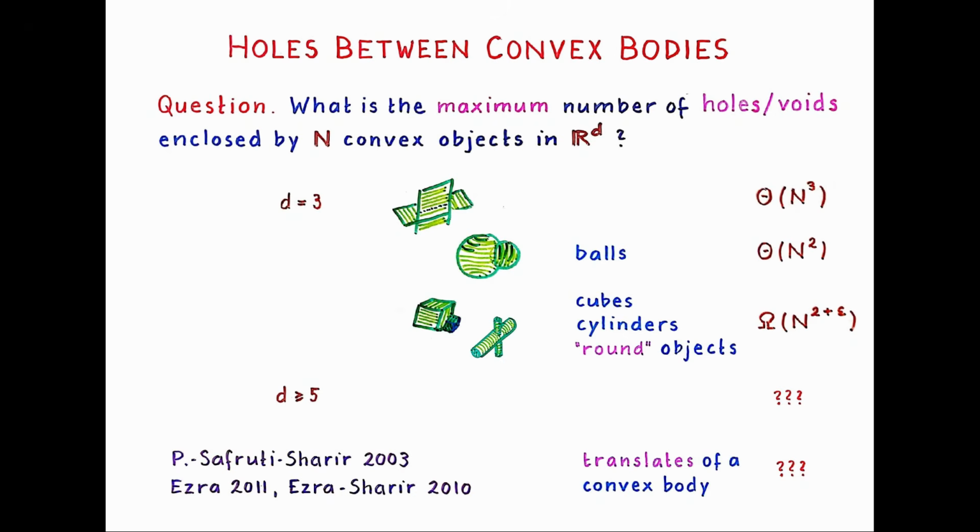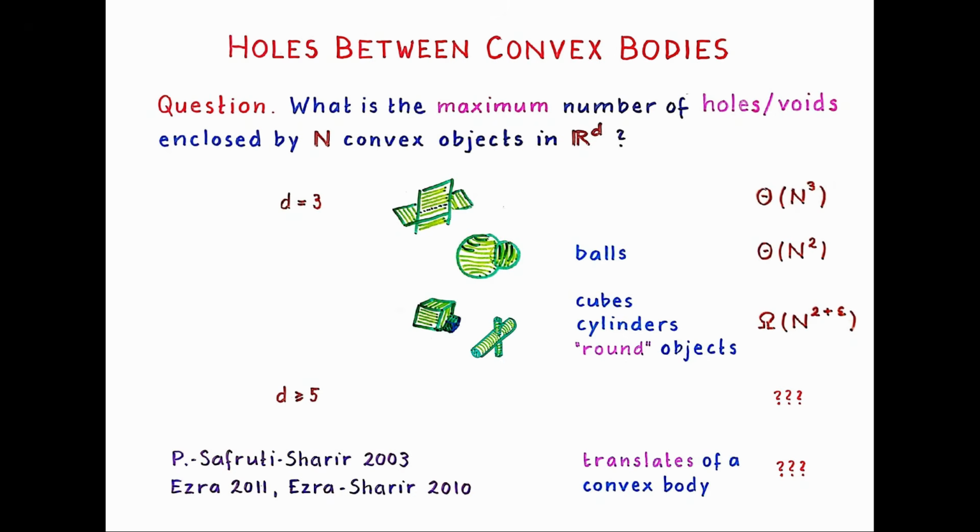So why translates? Of course, those bodies can be longish. But even if they are longish, since they are translates of each other, you can squash the space. You can, elegantly saying, apply an affine transformation of the space so that they become kind of fat, roundish objects.